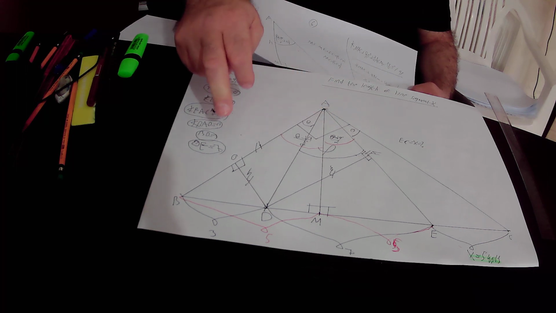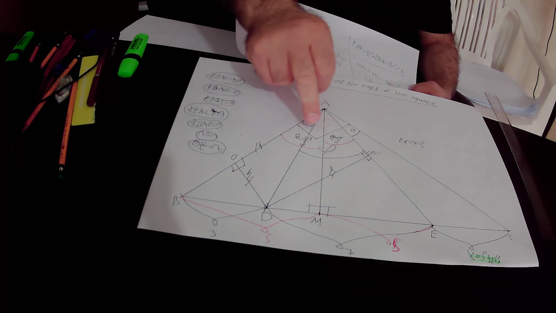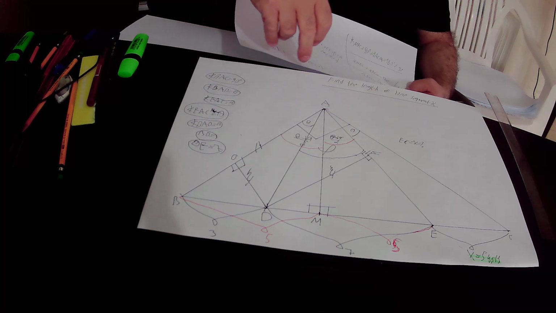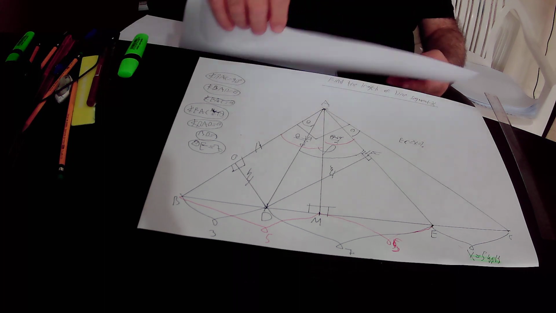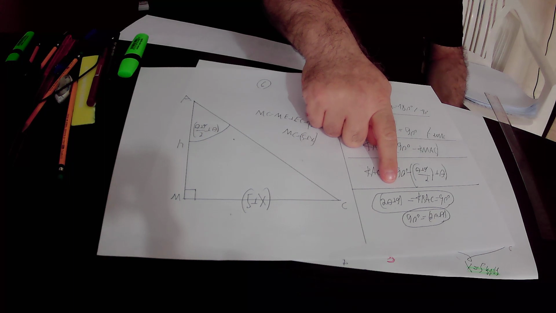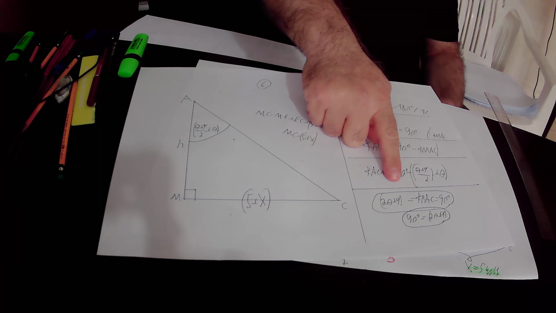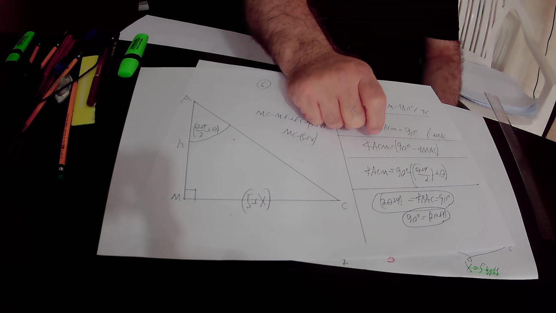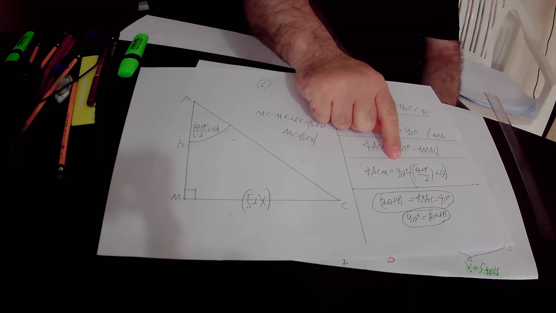But from the other side, angle BAC equals theta plus alpha plus theta, that is 2 theta plus alpha. From this we derive that 90 degrees equals 2 theta plus alpha. That is to say, we can substitute 90 degrees in this equation by 2 theta plus alpha.